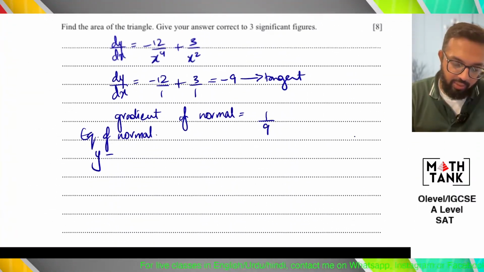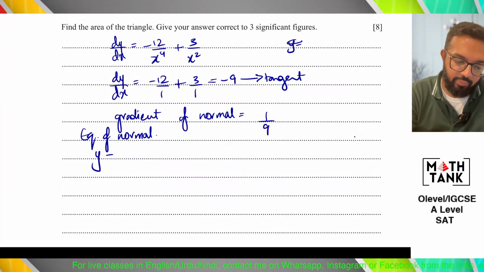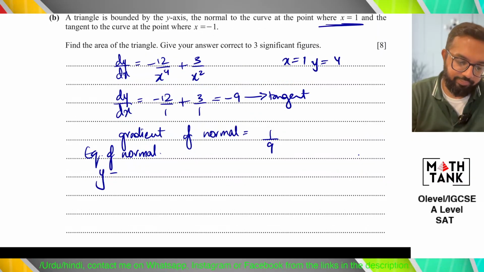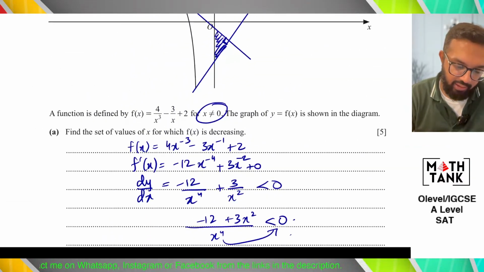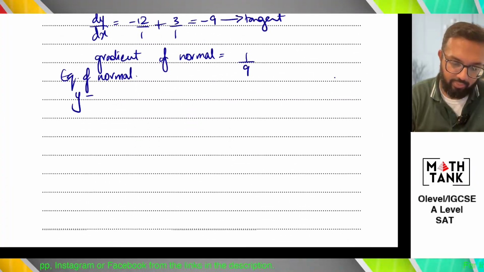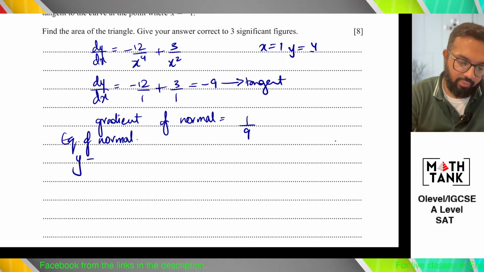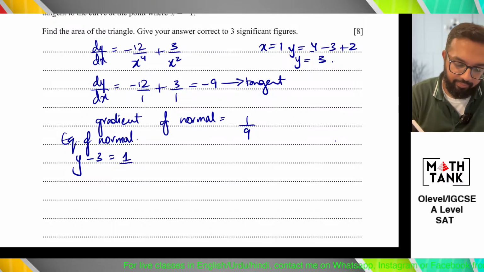Okay, so when x equals 1, y should equal 4 over 1 minus 3 over 1 plus 2. y is then 3. So y minus y1 equals m.